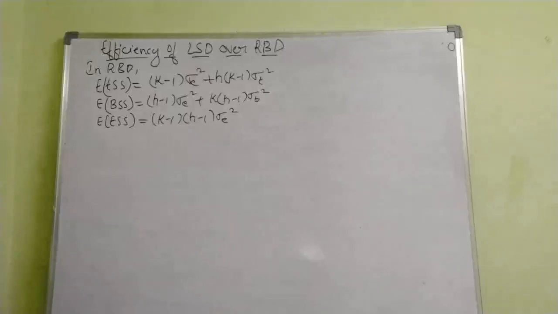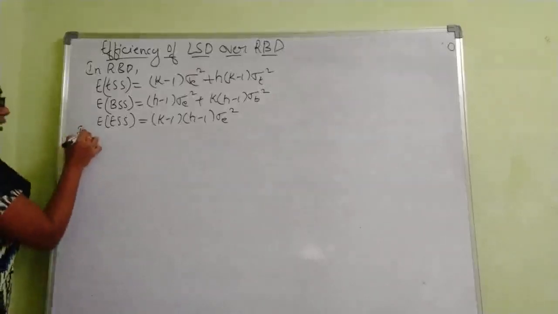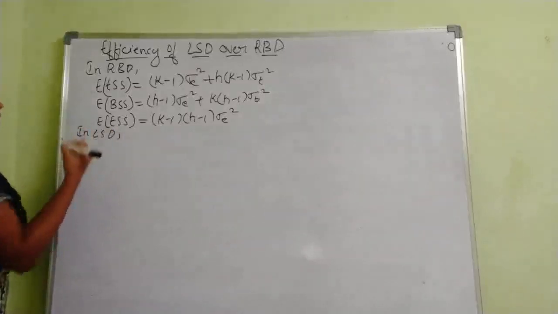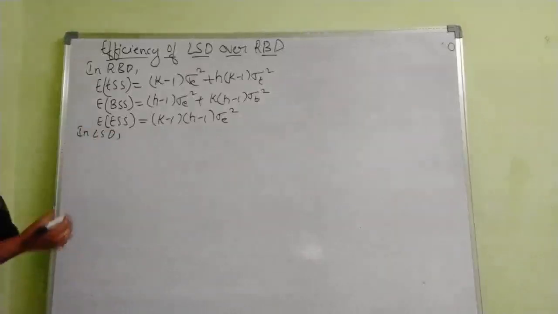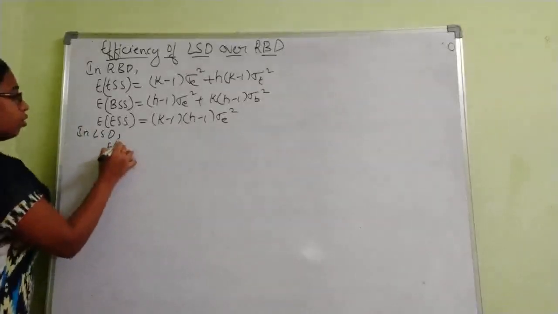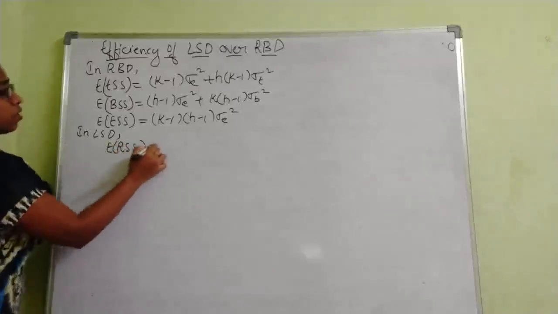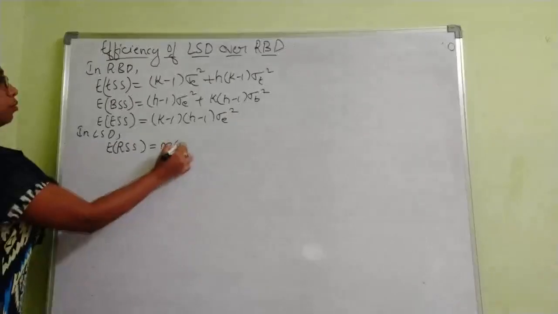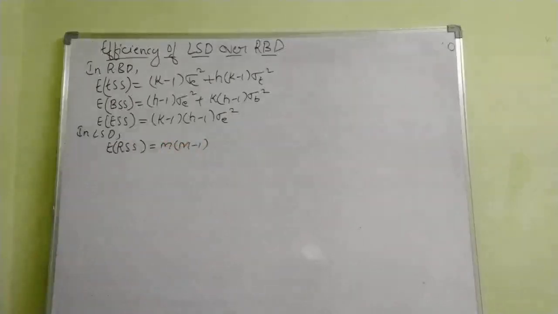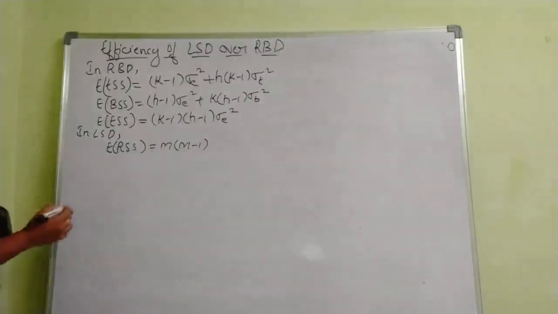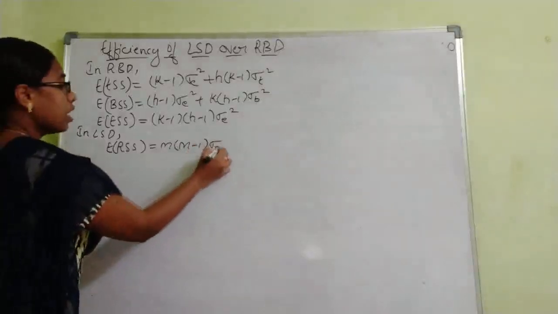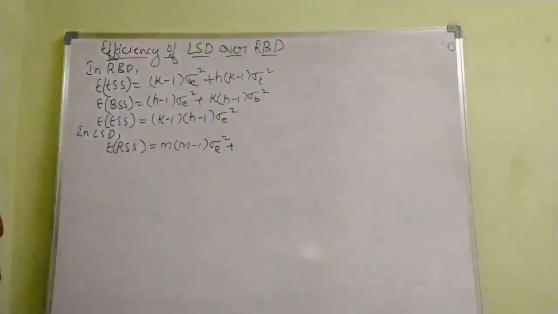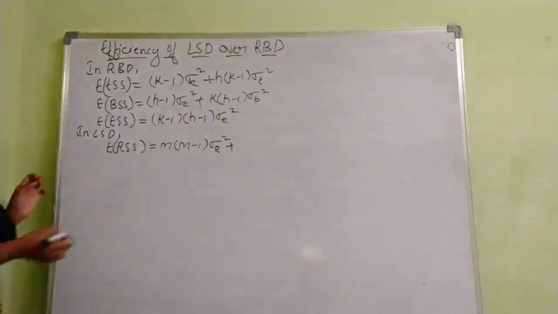sum of squares. Now in LSD, what are the different values we have? Expectation of the row sum of squares is given as m into (m minus 1) sigma R square plus (m minus 1) into sigma E dash square.